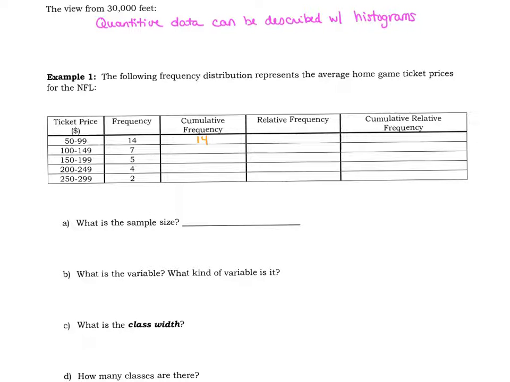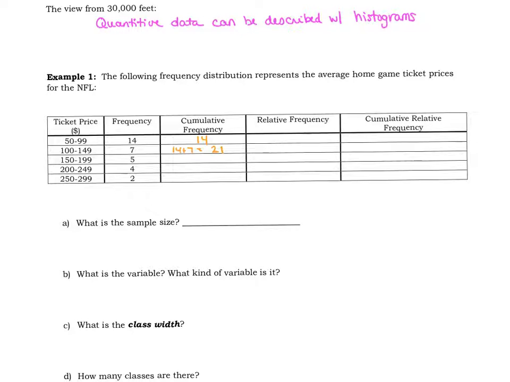In the 100 to 149 category, think from the cheapest up to 149, how many teams fall in there? That would be the 14 plus the 7, so 21 is the cumulative frequency.